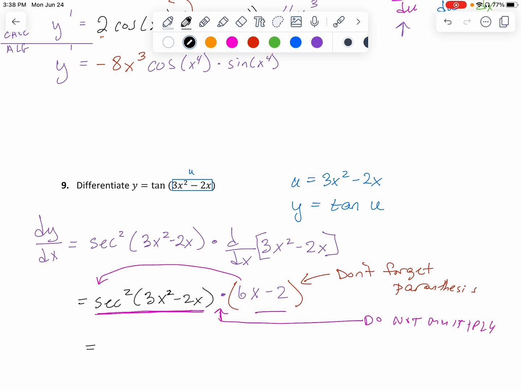Oh, we still need the parentheses though because it's still a binomial, or we could distribute, but I think that would get kind of messy. We don't need parentheses around the secant, but we do need parentheses around the input for the secant. So this part of the factor is an angle, and this is the second factor. So this really only has two factors, even though it looks like three pieces.